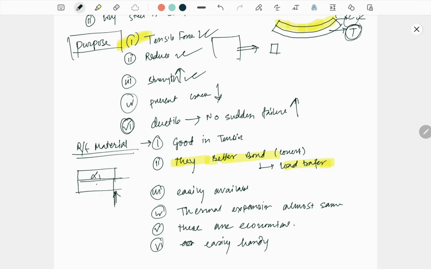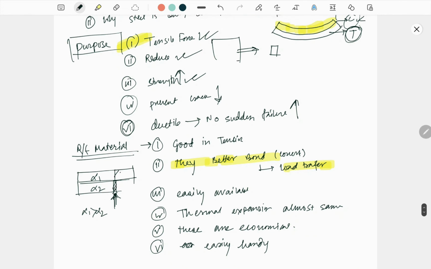If alpha 1, alpha 2 is the thermal expansion of the first material and second material, and alpha 1 is greater than alpha 2, then if you heat these materials, this one expands more and this one expands less. So, do you want this thing in our building? I think not. That is why we find a material whose thermal expansion is almost the same. So, all these things are satisfied by reinforced material.